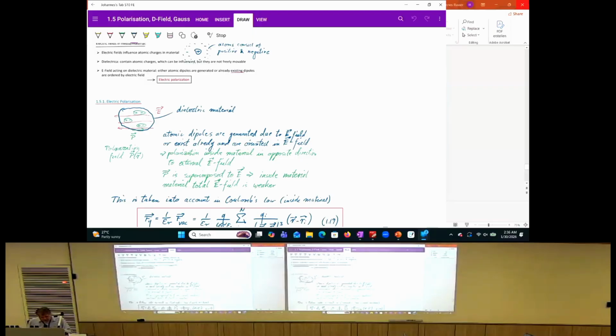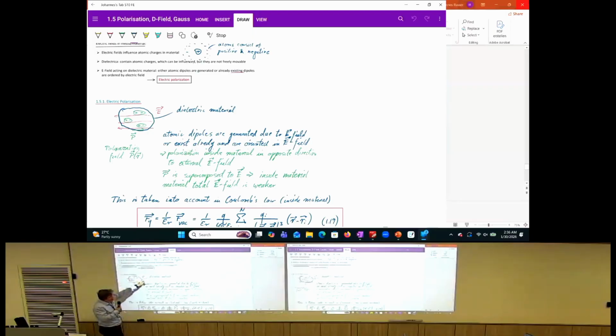But also, you can have the situation that you have in the material already existing dipoles. And you see that here, this here is some dielectric material, and you have it composed of these little dipoles.